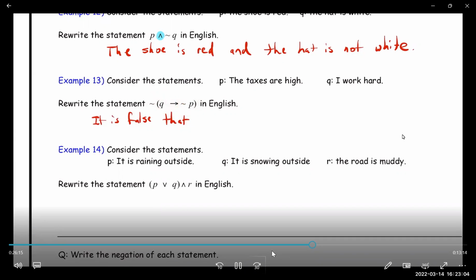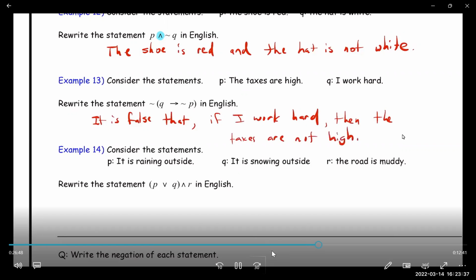If, then. If I work hard, very good. If I work hard, that's your then cue, then the taxes are not high.